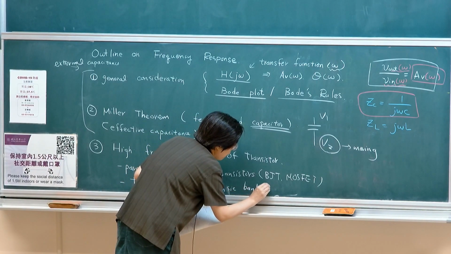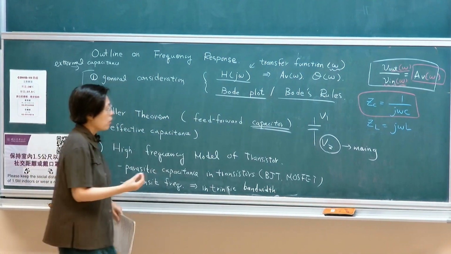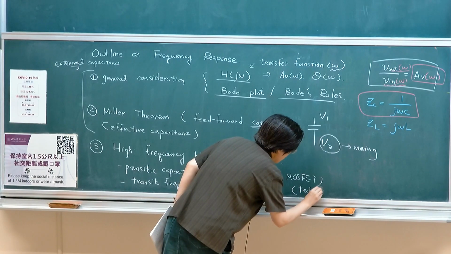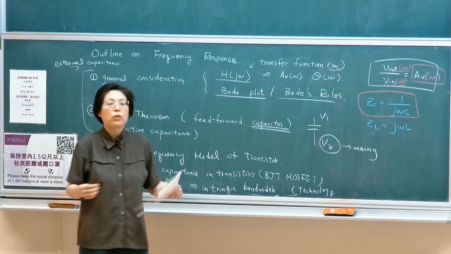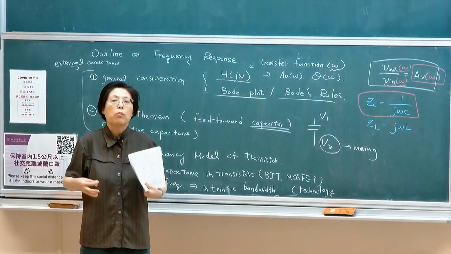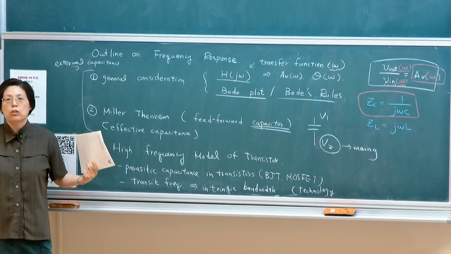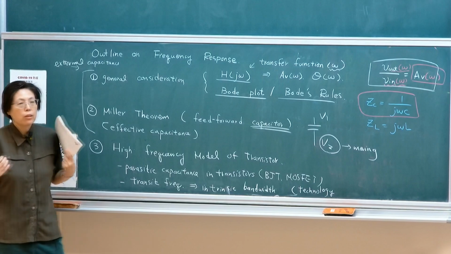What we call the intrinsic bandwidth is determined mostly by technology nodes. What does it mean? It means how fast can the transistor push itself, use its own current to fill up its own bucket? How fast can it go, without external components, without the disturbance of its own components?